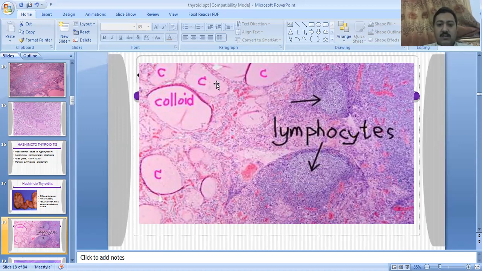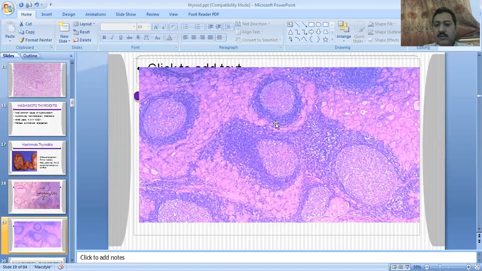In the background here, these are the thyroid follicles which are filled with the colloid material. Again, these are the lymphoid aggregates, and you can also appreciate the germinal center which is formed in the lymphoid aggregates. And in the background, you can see the thyroid follicular epithelium, thyroid follicles which are filled with the colloid.